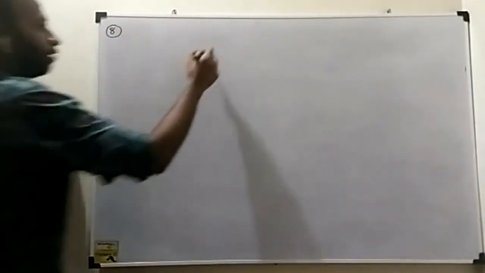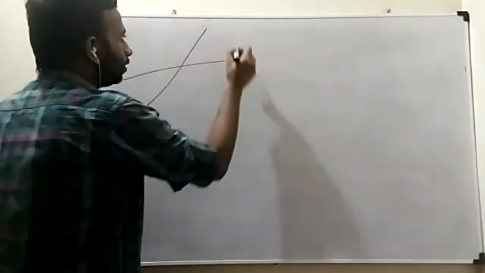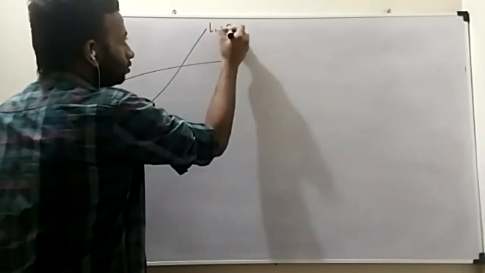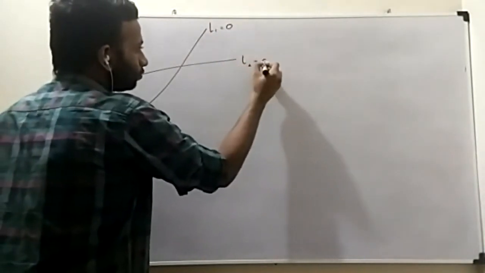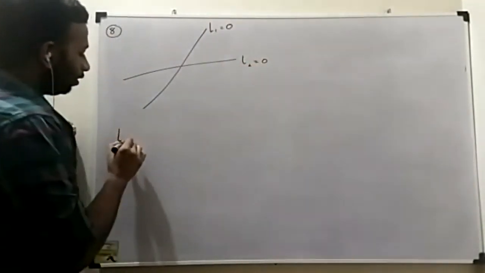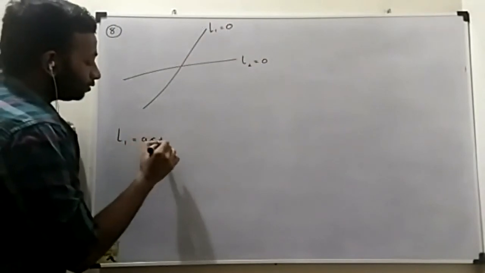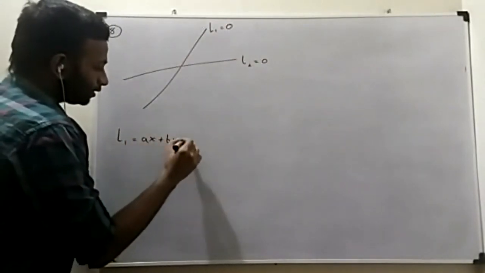So the theory here is, if you have 2 straight lines, let's call them L1 equals 0 and L2 equals 0, where L1 is in the form ax plus by plus c equals 0.